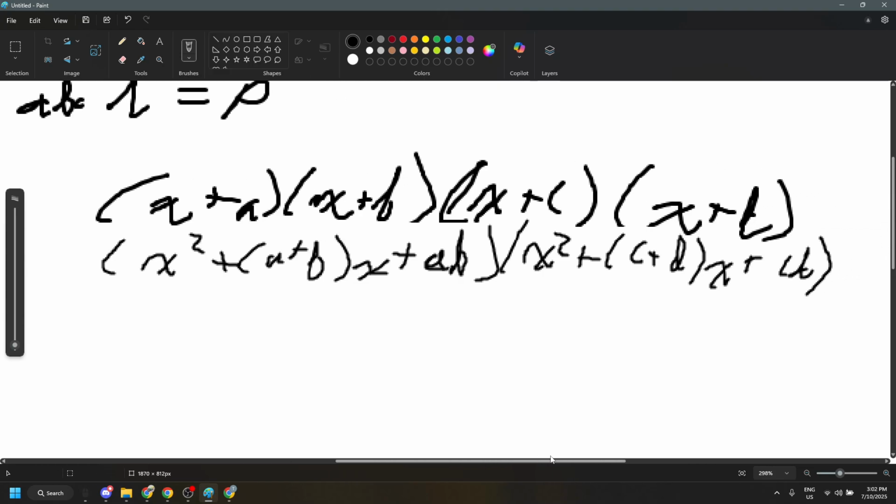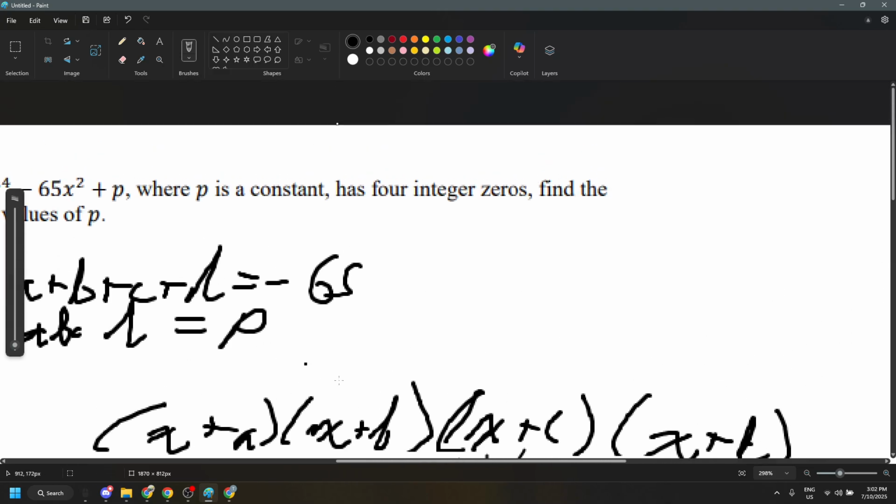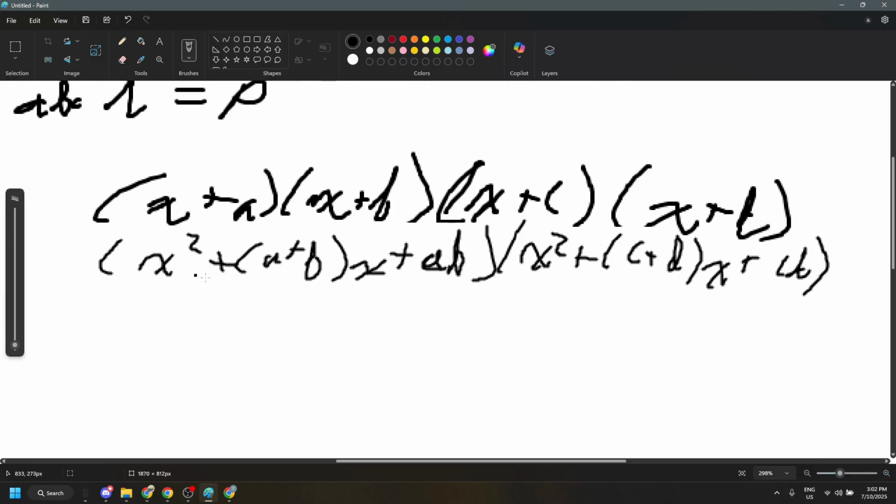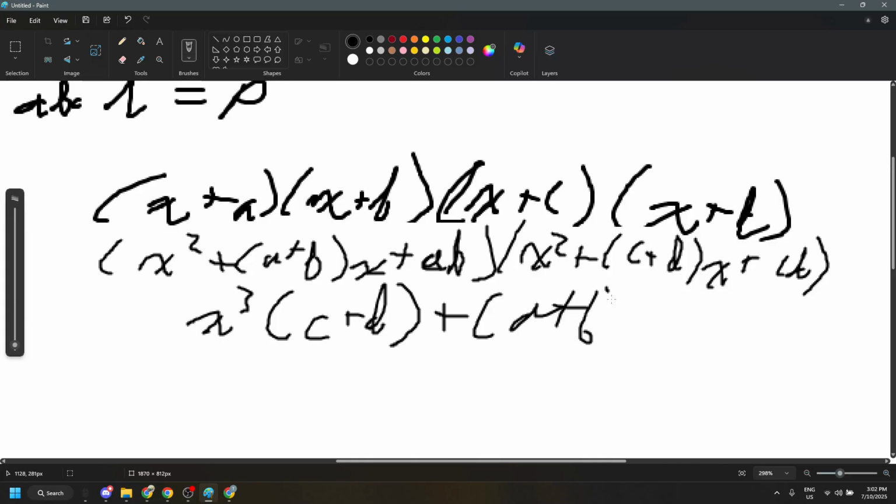Right? And then let's just find all of the cubed terms. So we know we have here x cubed times (c plus d). We have this plus (a plus b) x cubed. I think that's it, right?